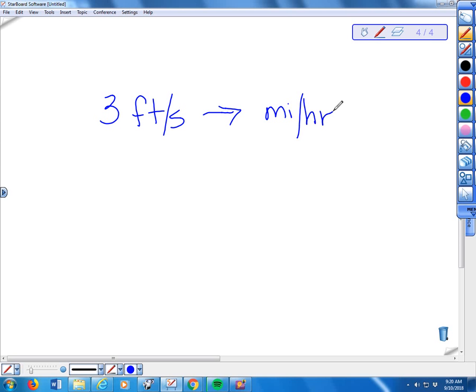Okay. Everybody try and convert 3 feet per second to miles per hour. And I'll tell you 1 mile, if you don't already know. And hopefully you guys know how many seconds in a minute and minutes in an hour. Okay, everybody give this one a shot.